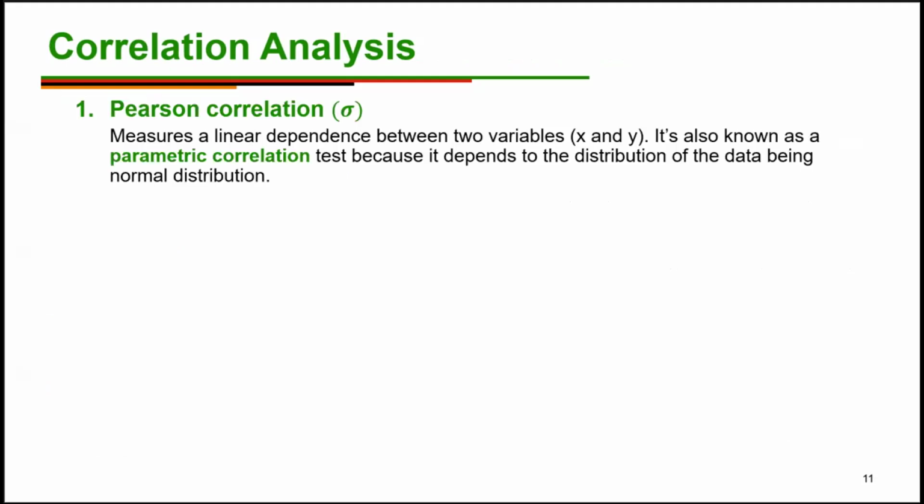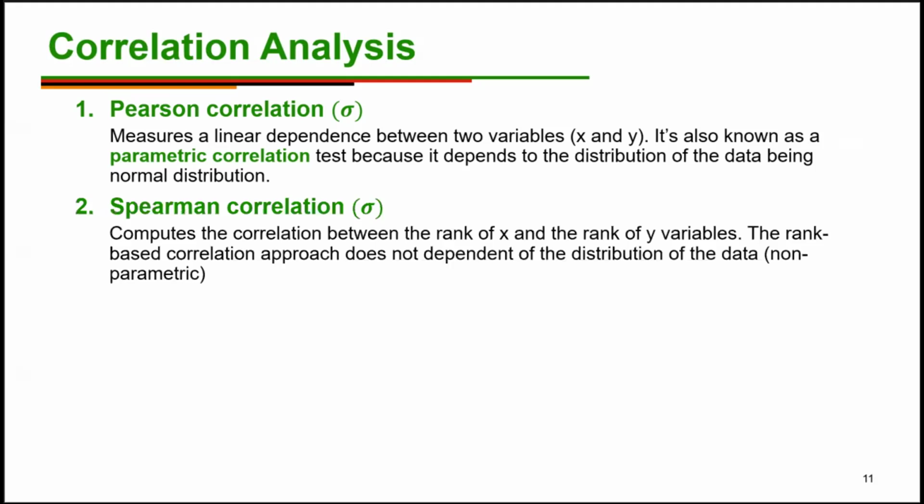And so if our continuous variables follow a normal distribution, we would of course use the Pearson correlation, which takes account of the distribution of the variables. But if not, you can of course also use the Spearman correlation if you do not want to take account of the parametric nature of the data.